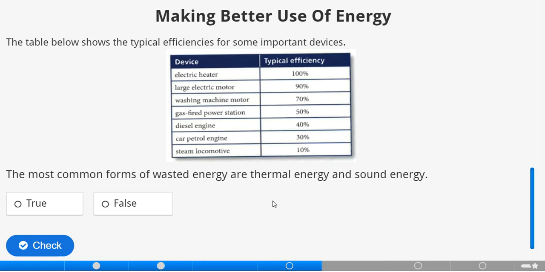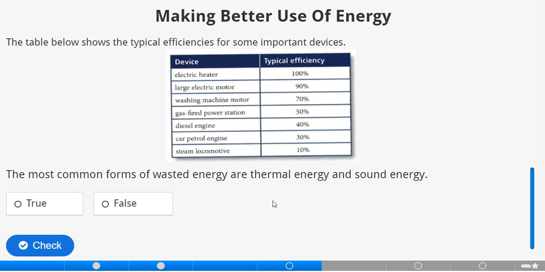For a large electric motor, we have 90%. For a washing machine motor, 70%. For a gas-fired power station, 50%. For a diesel engine, 40%. For a car petrol engine, normal cars that we see on the road, their efficiency is 30%. I meant the engine. And for a steam locomotive, the efficiency is 10%.